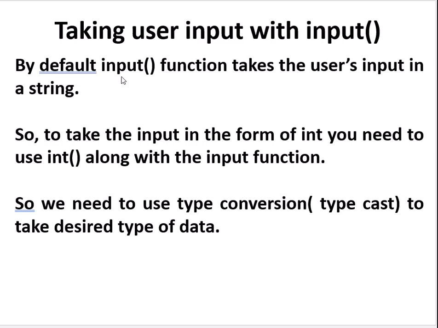By default the input function takes the user's input as a string, so to take input in the form of an integer you need to use int along with the input function. So we need to use type conversion, or typecasting, to get the desired type of data.